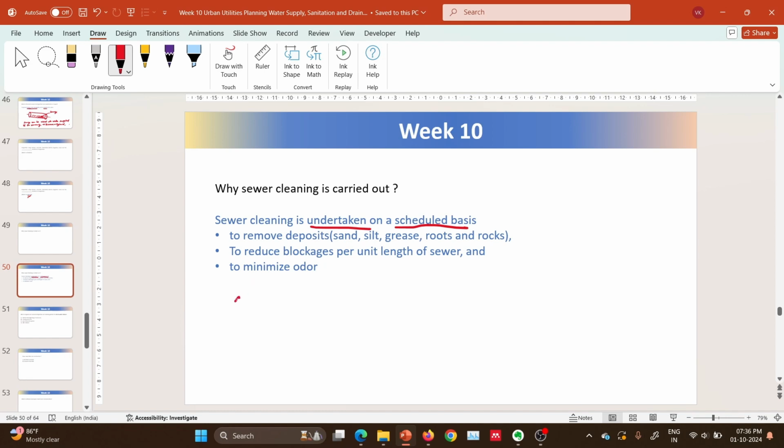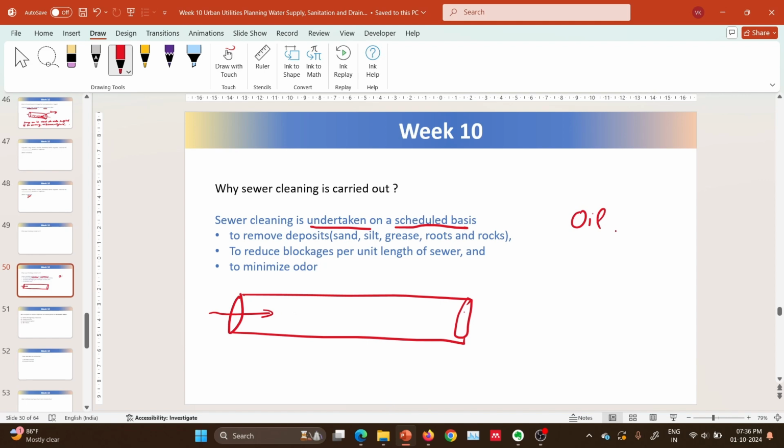Like you can see, this is a sewer. A sewer may contain oil, grease, debris like sand and silt. And organics are light, so they may be suspended, sorry, settled at the bottom.